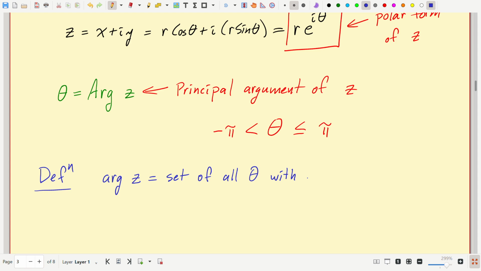So the set of all theta with z equals r e to the i theta. Of course, that r has to be the modulus of z. And that would be equal to the set of the principal argument of z plus any multiple of 2 pi, so 2n pi, and n could be any integer.